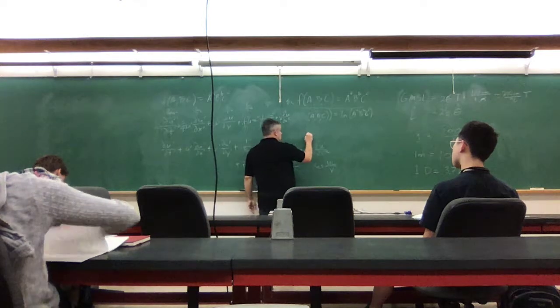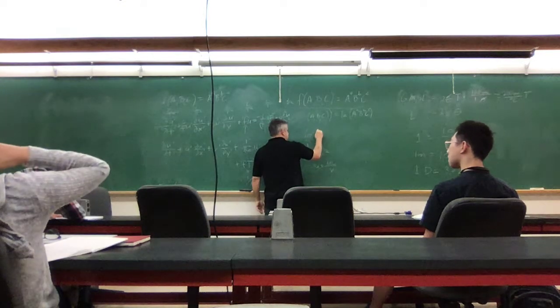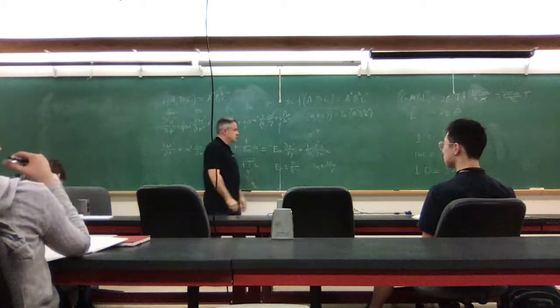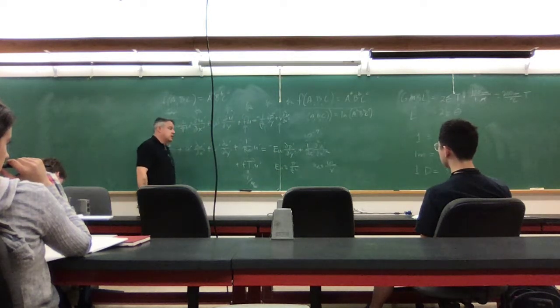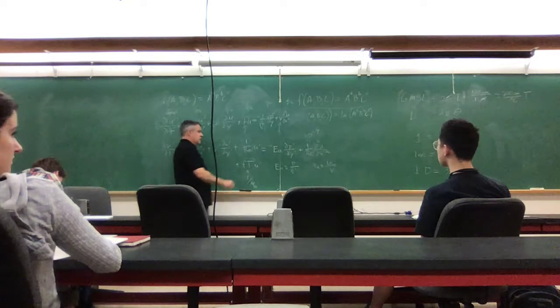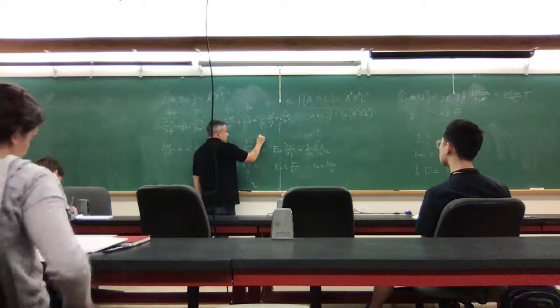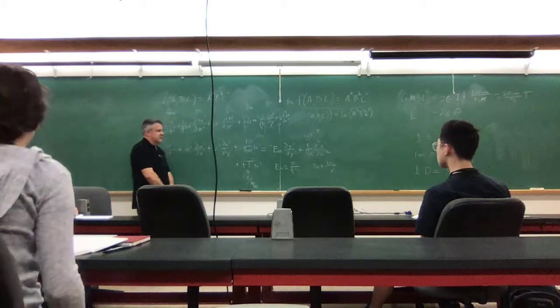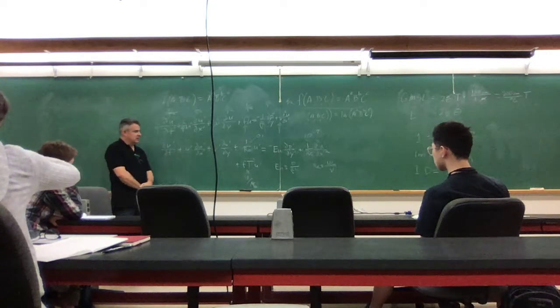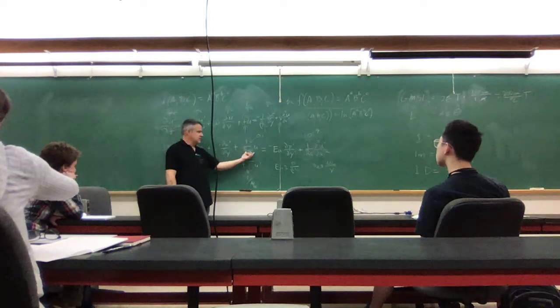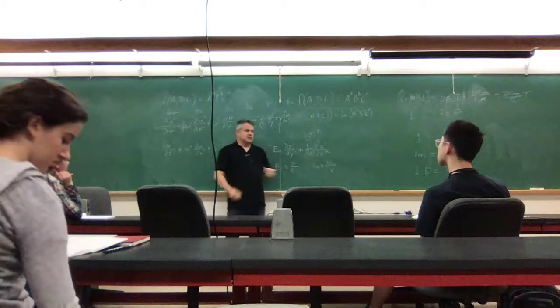So suppose this is 10 to the minus 9, which might be typical for the Pacific. And this one is 0.1. What would you say is the relative importance of this term versus this term?